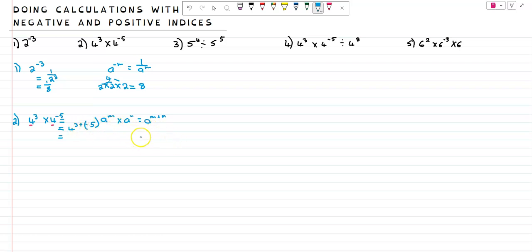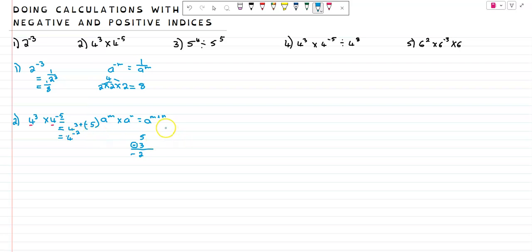Which means we need to say 5 minus 3 equals 2. But because we have the negative symbol here, we need to bring the symbol down. So 3 plus negative 5 gives us negative 2. So then we have 4 to the power of negative 2. We can't leave it there.